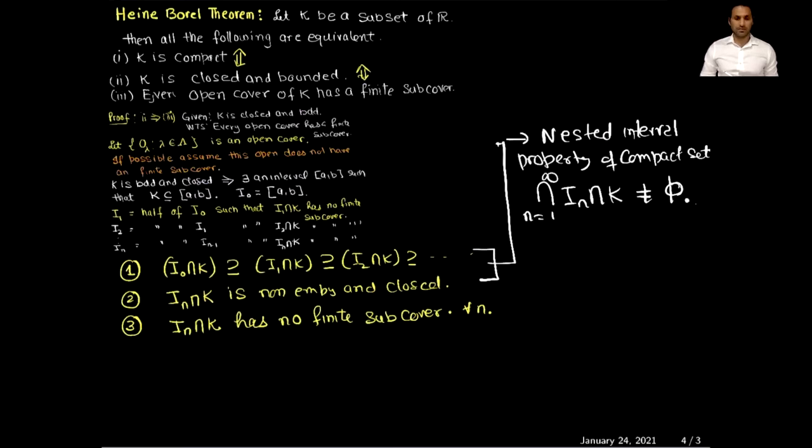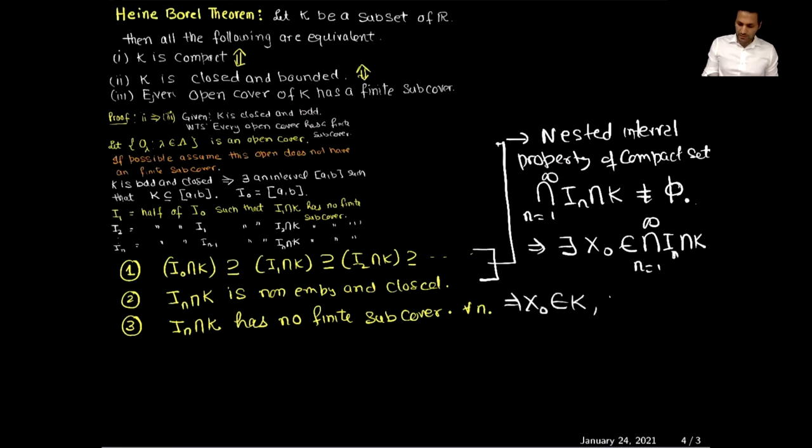They are closed and bounded, and also they are nested. So their intersection must have at least one element. Or in other words, there exists some x0 which belongs to the intersection of In intersection K. Or in other words, x0 belongs to K and x0 belongs to In for all n.